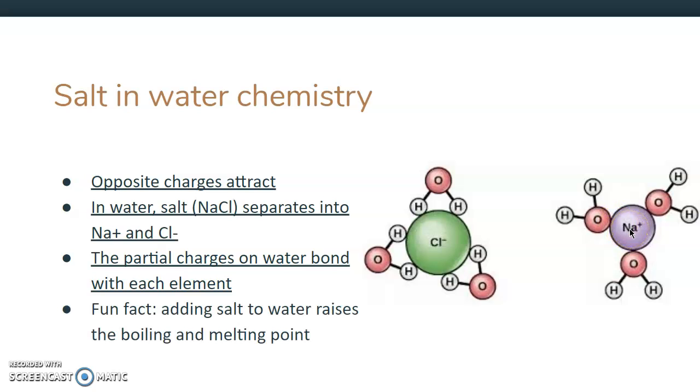So our fun fact of the day is when we're adding salt like this, or really any kind of salt, to water, it raises the boiling point and lowers the melting point. So if we put salt in our water to cook our nice pasta, not only does it make our pasta taste better, but it raises our boiling point so that instead of water boiling at 100 degrees Celsius, it'll be above 100 degrees. So it will cook our pasta at a higher temperature and it will cook it quicker. The same thing works for melting point.